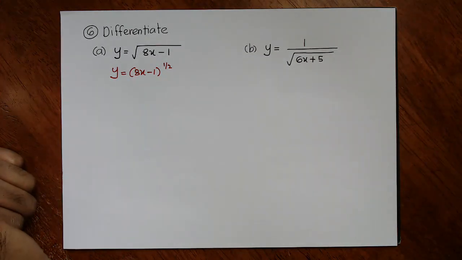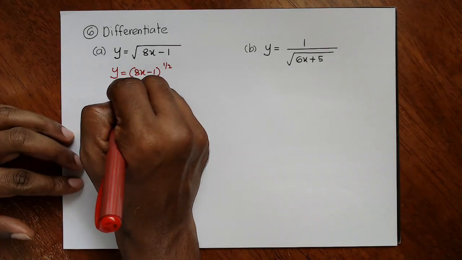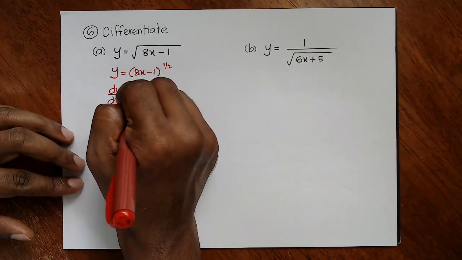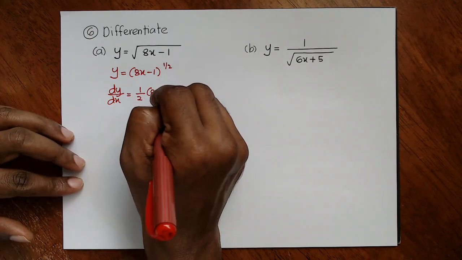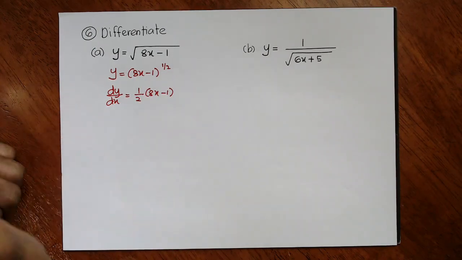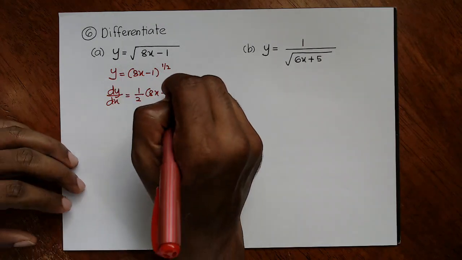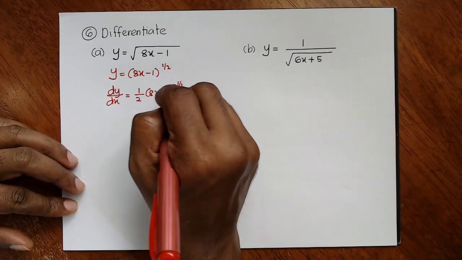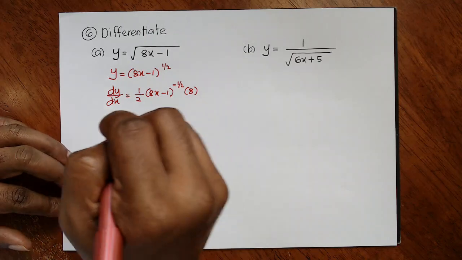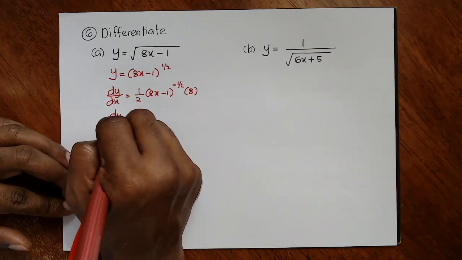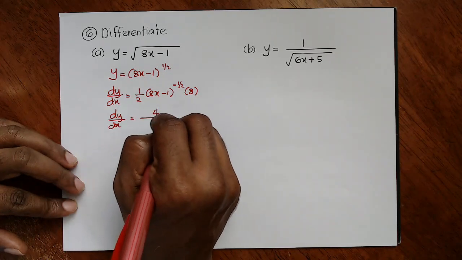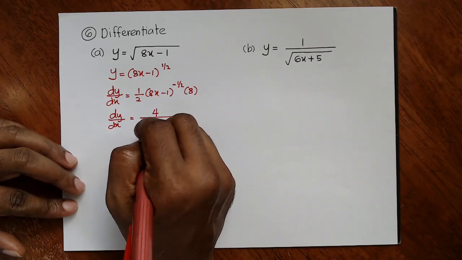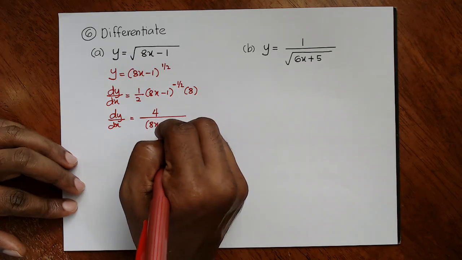So dy/dx equals 1 over 2, bring in front, 1 over 2 times (8x minus 1) to the power of 1 over 2 minus 1, you get negative 1 over 2. Differentiate the inside, you get 8. So dy/dx will be 1 over 2 times 8, you get 4 over, bring this down, (8x minus 1) to the power of half. You don't have to change it into third form, you can leave it like that.